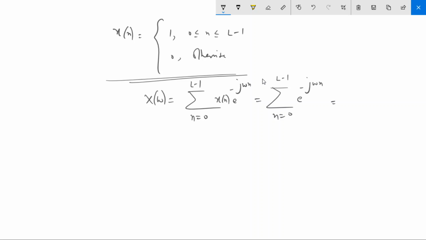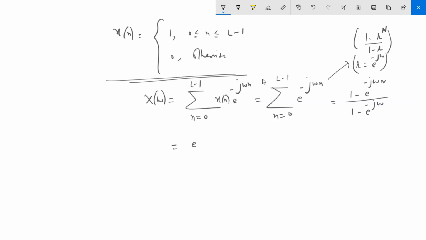It is again the same GP series, so we will get the sum of L terms, that is 1 minus r raised to power L upon 1 minus r, and for this case your common ratio is e raised to power minus j omega. So 1 minus e raised to power minus j omega L upon 1 minus e raised to power minus j omega. Again you can write in terms of sine function.